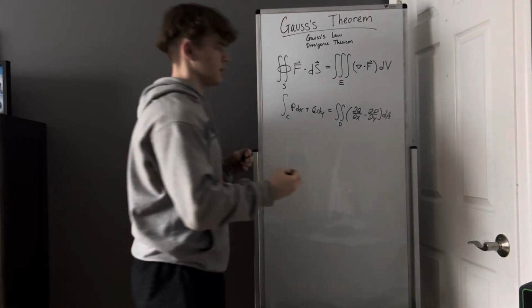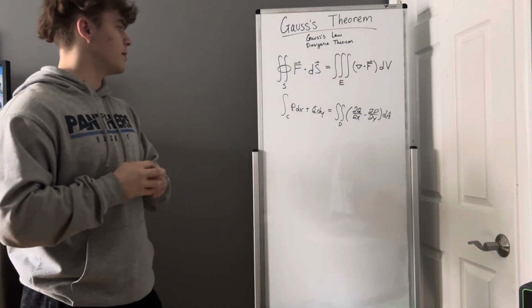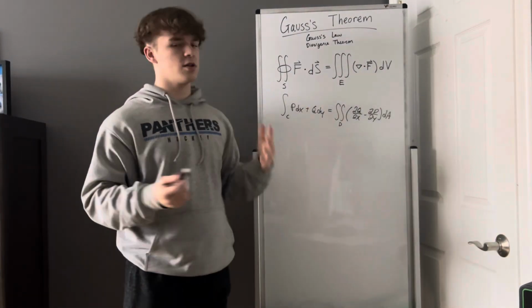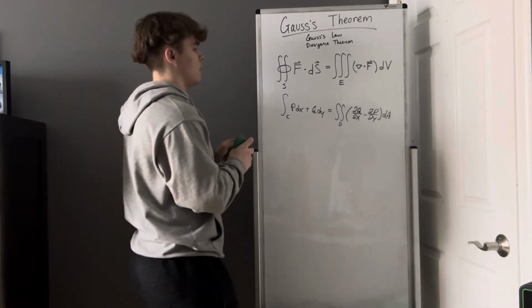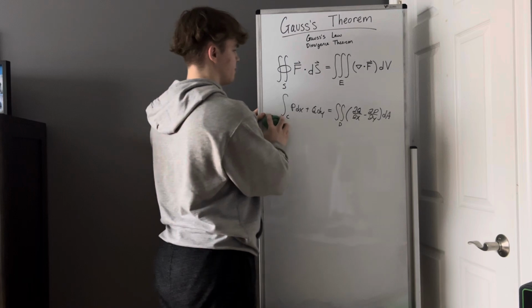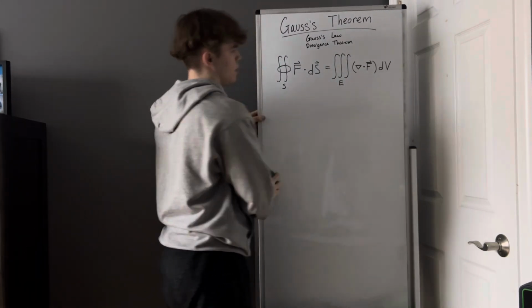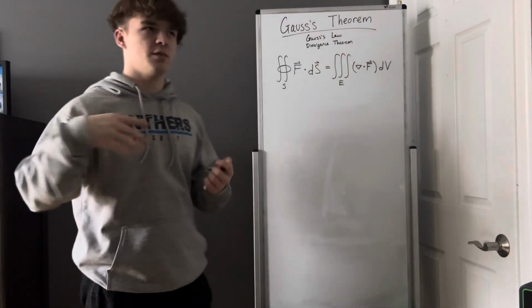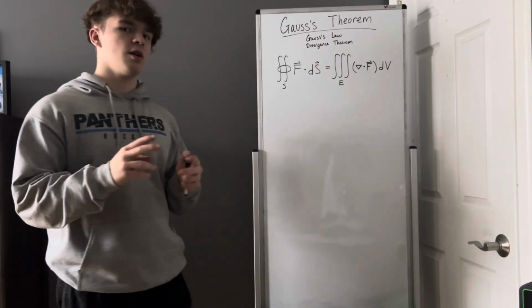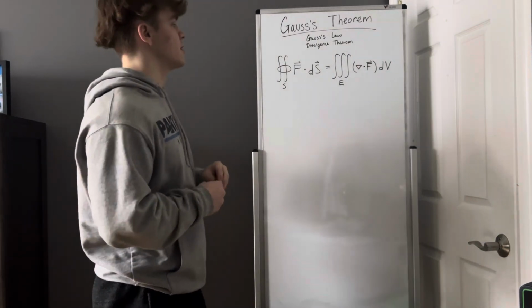I believe that's Green's theorem. I could be wrong, but yeah, so it looks like a higher dimensional Green's theorem. Sort of. Although technically I do believe Stokes' theorem is called the higher dimensional Green's theorem. Anyways, let's hop into it.